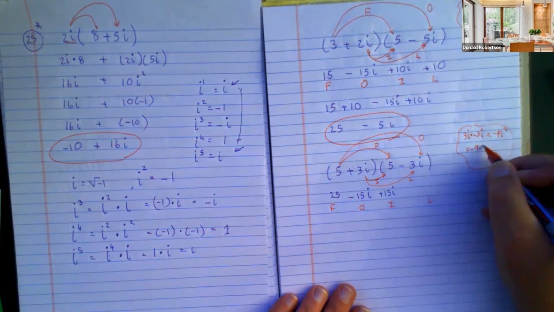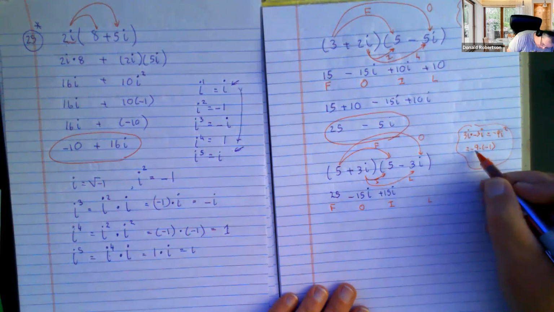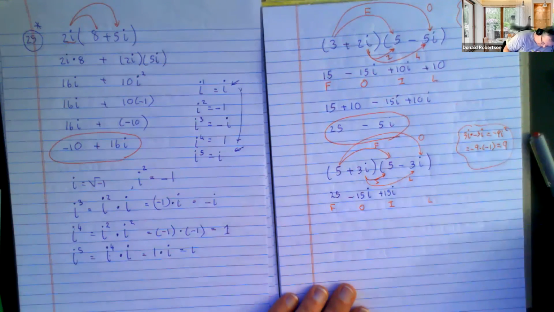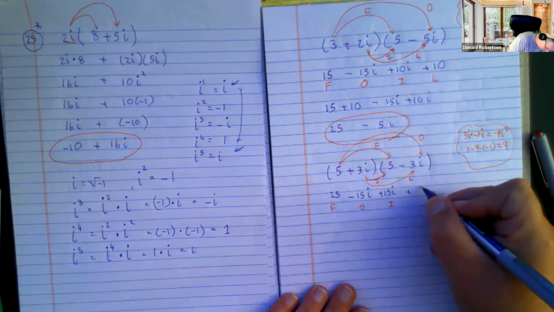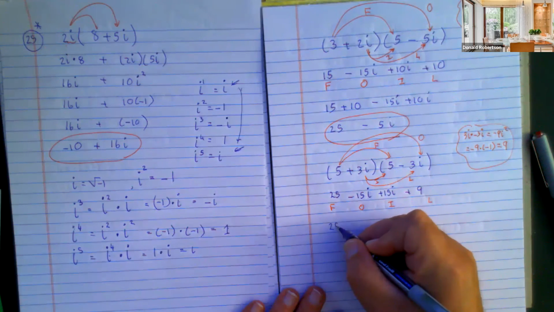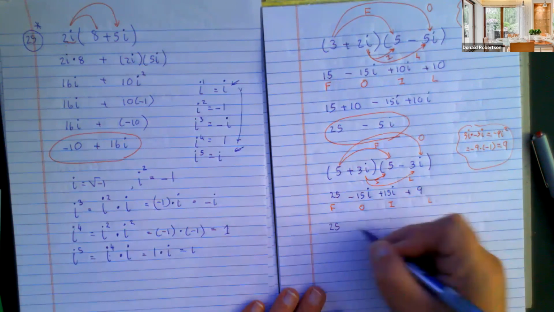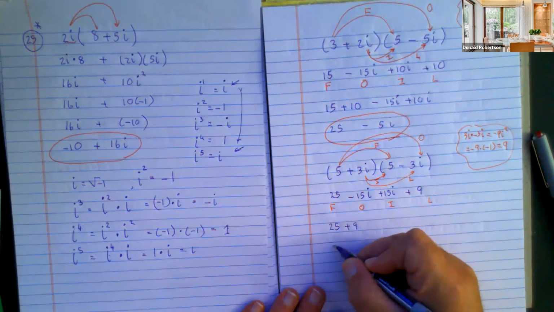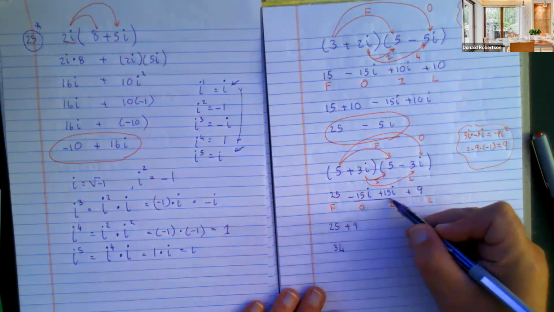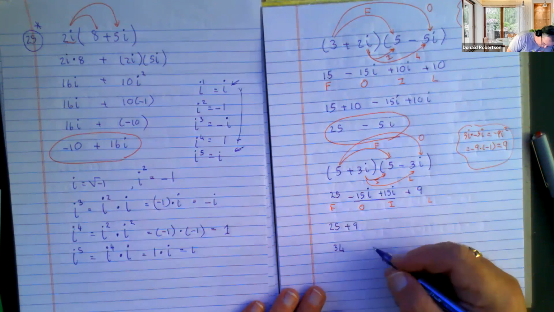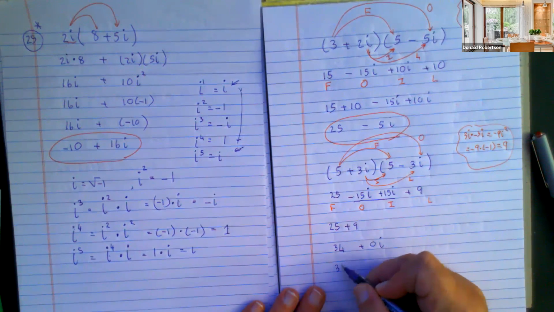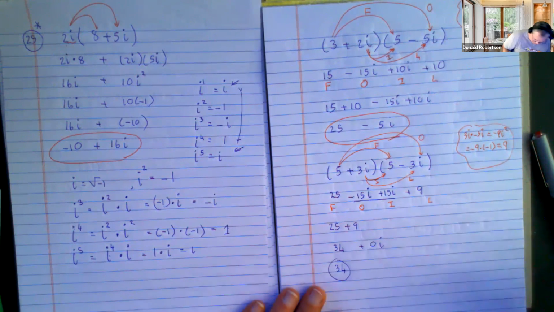And since i squared is worth -1, it's -9 times -1, which is just 9. Well, if you collect the like terms, you've got a 25 here and a plus 9 here, which gets me 34. And these two guys cancel out. So you do not write 0i, you just write 34.